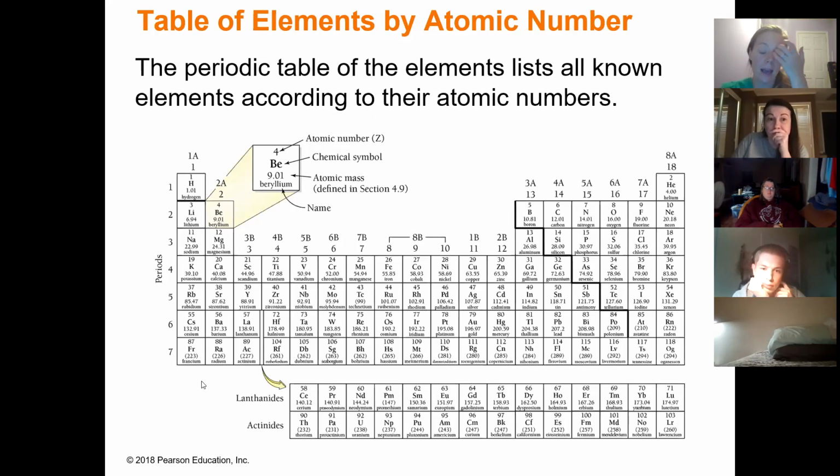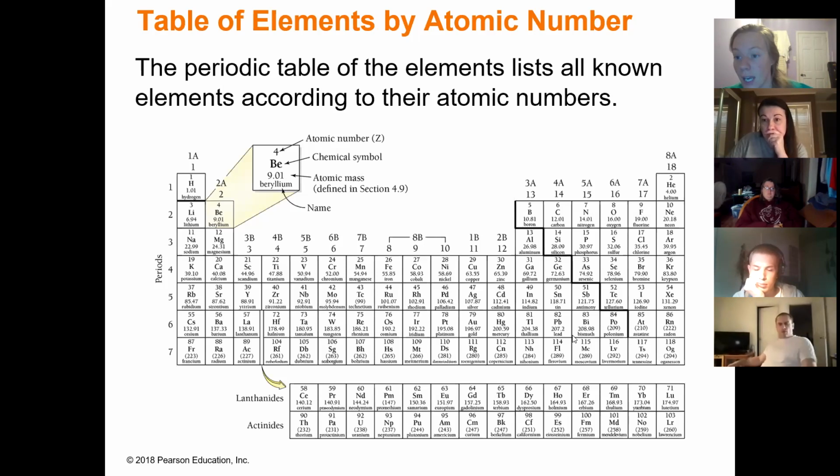Bigger than that, the atoms get so big, their nuclei have so many protons and so many neutrons in them that they're unstable and they want to decay really fast to something smaller. A lot of these bigger elements, depending on the periodic chart you look at, aren't even named. These are all quote unquote synthetic, meaning that we created them in a lab under really cold, really high pressure environments.